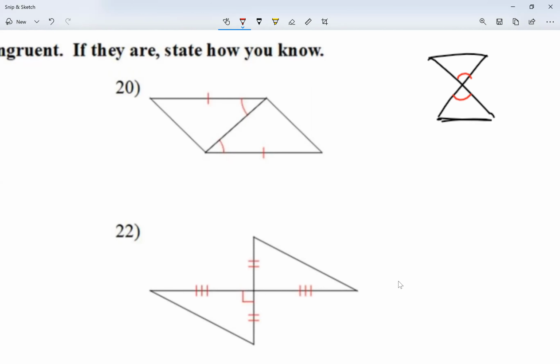Remember the vertical angle theorem. In some cases, I'm going to use the vertical angle theorem. If the angles are not marked, I can mark them, and that is the only way I can mark an angle that is not marked.